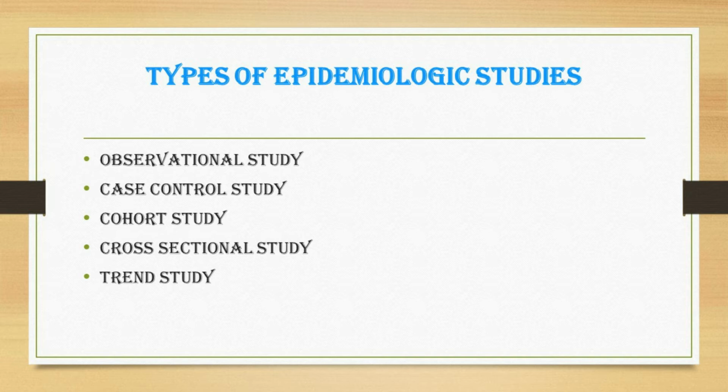The major types of nutritional epidemiological studies include, first, observational studies, which examine the causes, preventions and treatments for the studies. The investigator passively observes as nature takes its course.